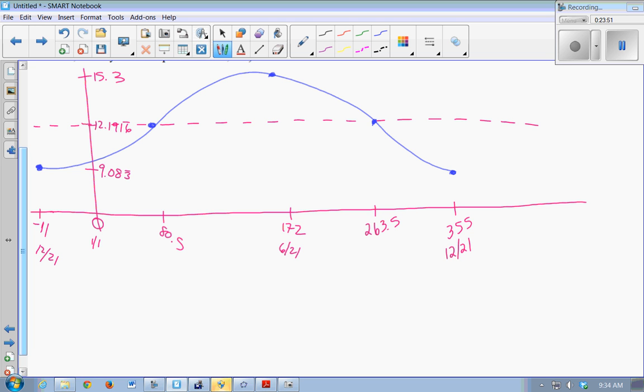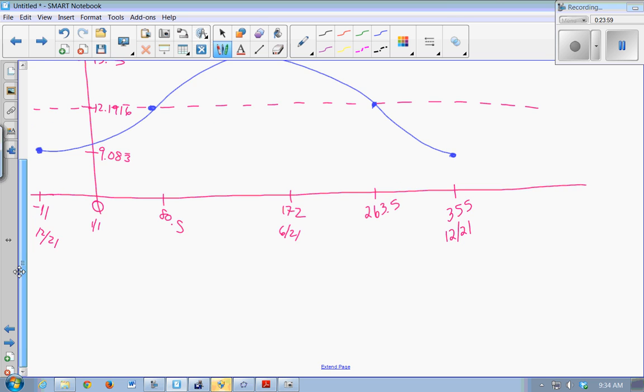If I had just started here at the midline, I'd use sine, and I'll do that next. If I want to use cosine to model this, it's definitely going to have to shift because its low is not at time 0. So I'm going to put in the bones of a cosine function, and then we'll fill in the stuff. We'll do the easy stuff first.